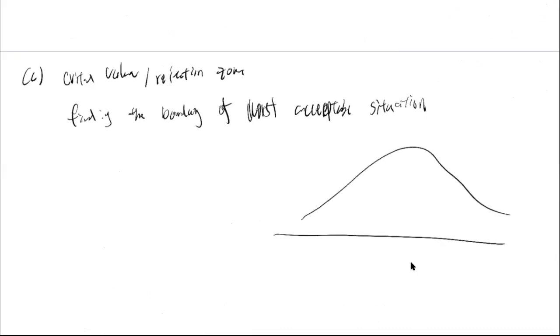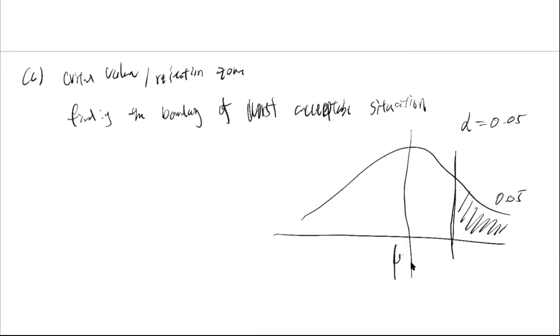Because in this question, I'm giving you that my significance level is 0.05, and that alpha corresponds to one of the values on my distribution, and the value might be here, which means that the area on the right is 0.05, and this is a symmetric distribution.